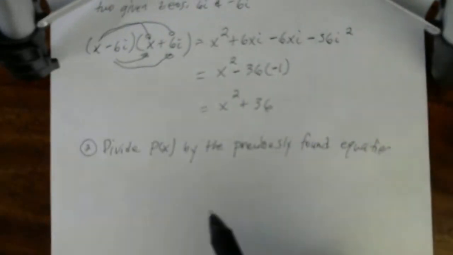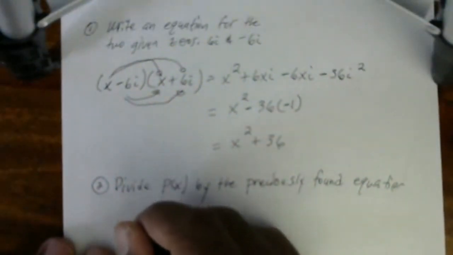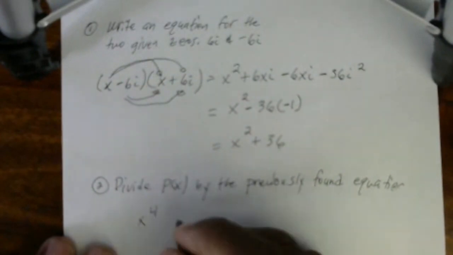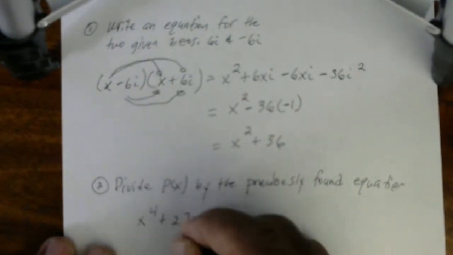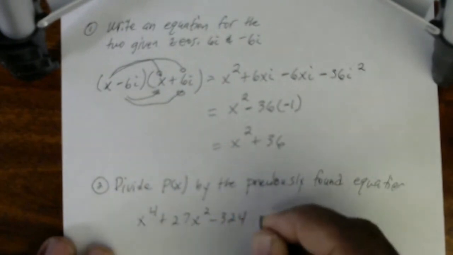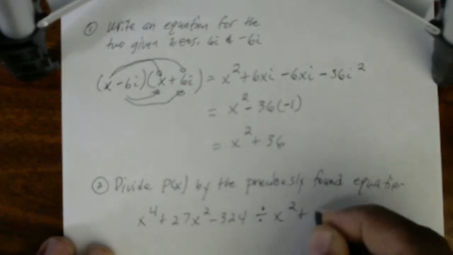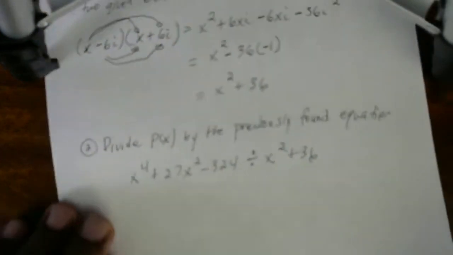Okay, so just to write that out, we're going to take x to the fourth plus 27x squared minus 324, and we're going to divide that by x squared plus 36.